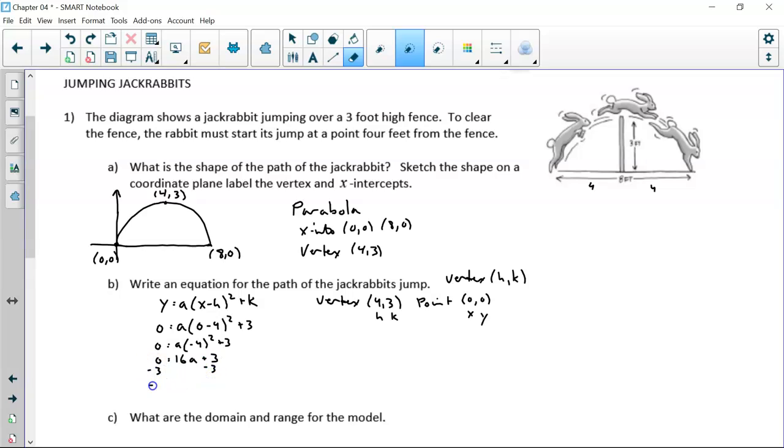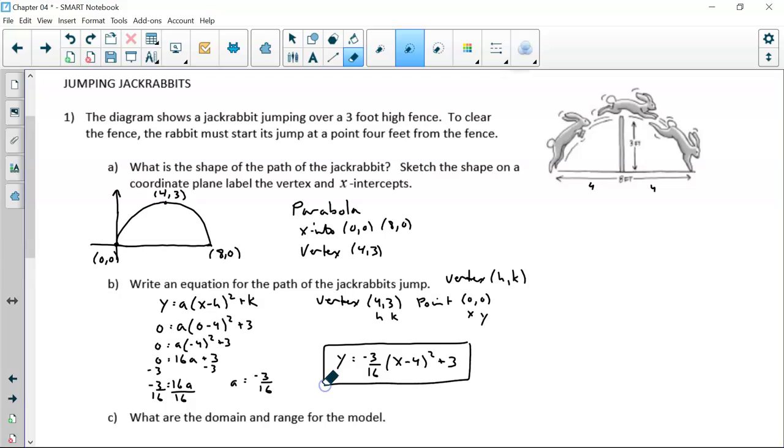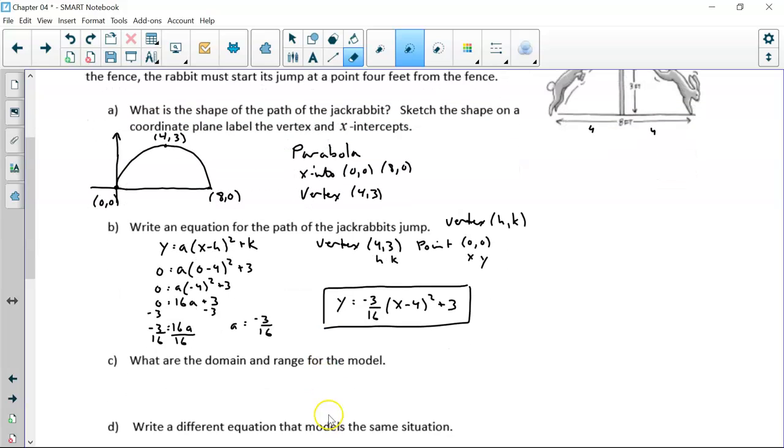Subtract 3 from both sides: negative 3 equals 16a. Divide both sides by 16: a equals negative 3 over 16. There's our leading coefficient. So y equals negative 3/16 times (x minus 4) squared plus 3. There's the equation to model this rabbit jumping over the fence.